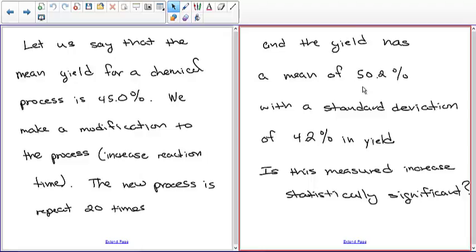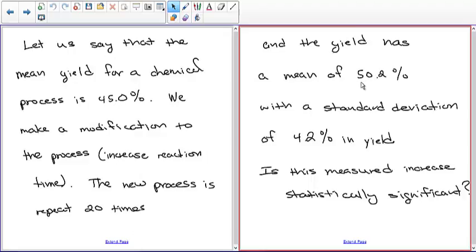So the question is, is this increase in yield real or not? Or is it statistically significant? Or could this increase in yield just happen because of variations in the original process, and every once in a while we could get that after measuring 20 samples. 20 of the samples here might average 50.2%.